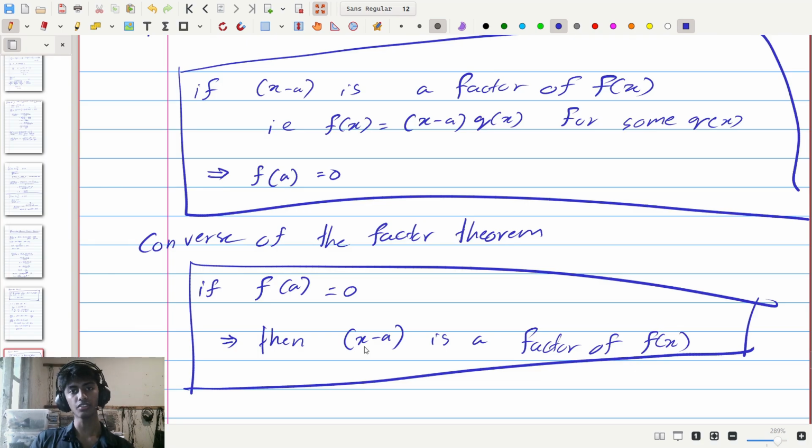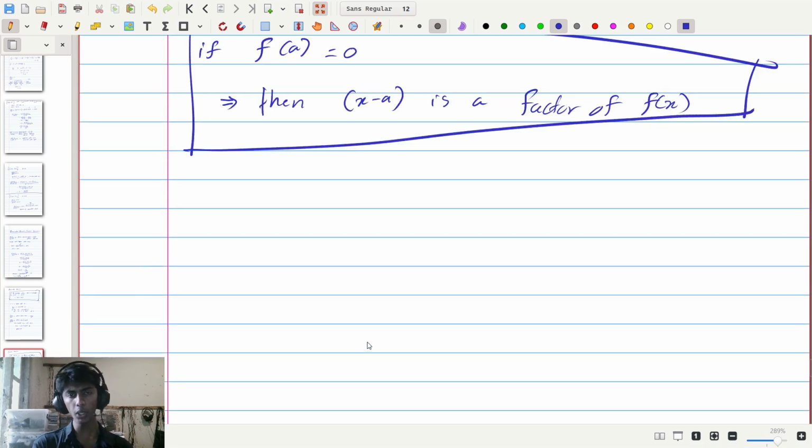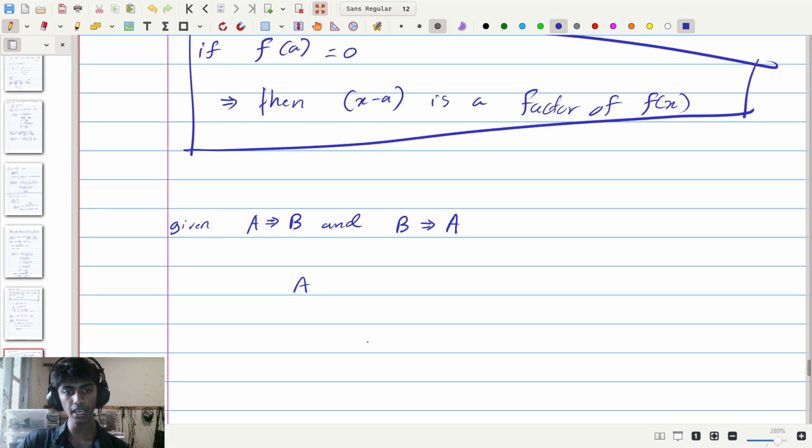You might not know this, but in logic, given that statement A implies statement B and statement B implies statement A, we can write this in a special form saying that A happens if and only if B happens. This kind of double arrow. The meaning of this double arrow is that the left can be used to predict the right and the right can be used to predict the left.